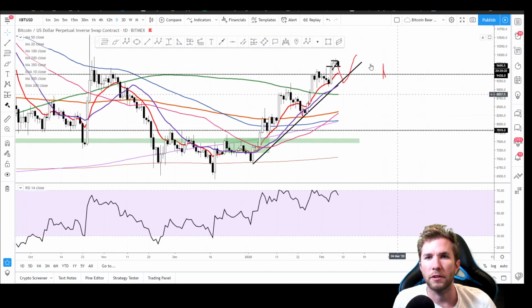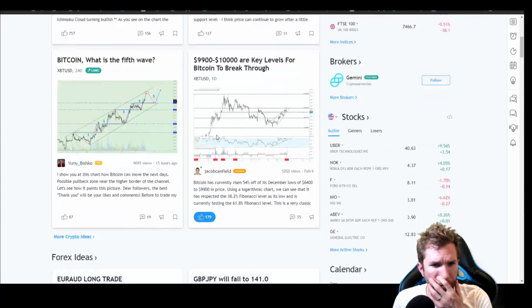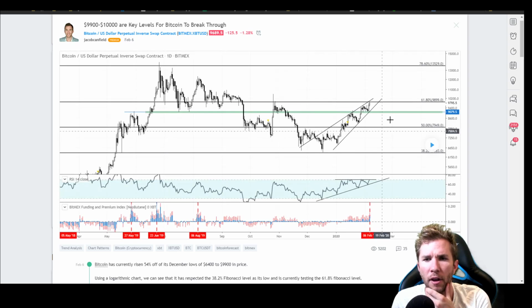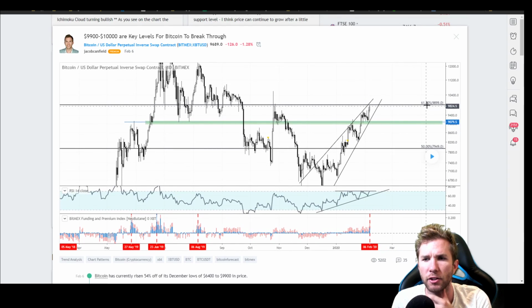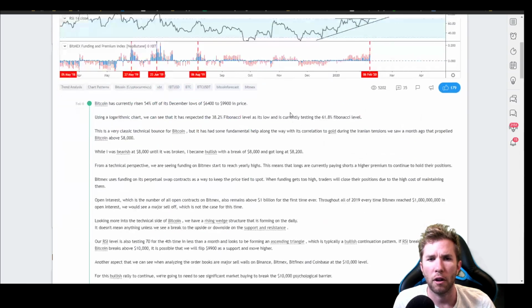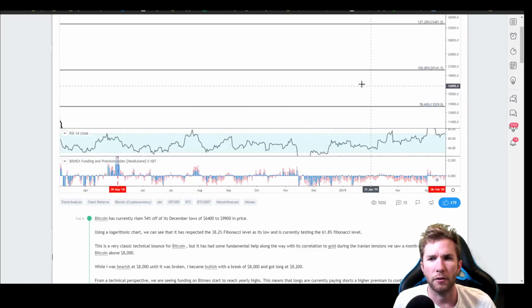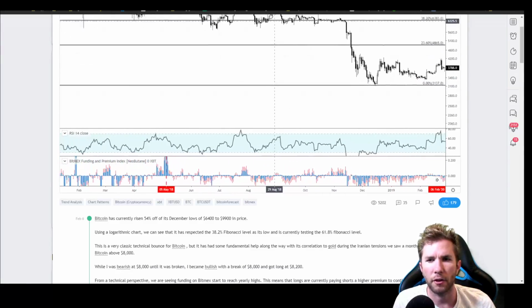But I was personally watching, if you saw my last TradingView analysis, this one here, 9,900 to 10,000 are key levels for Bitcoin to break through. I pointed out this rising wedge. The 98.99 structure was the 61.8 of the overall structure of the 20,000 all the way down to 3,200.